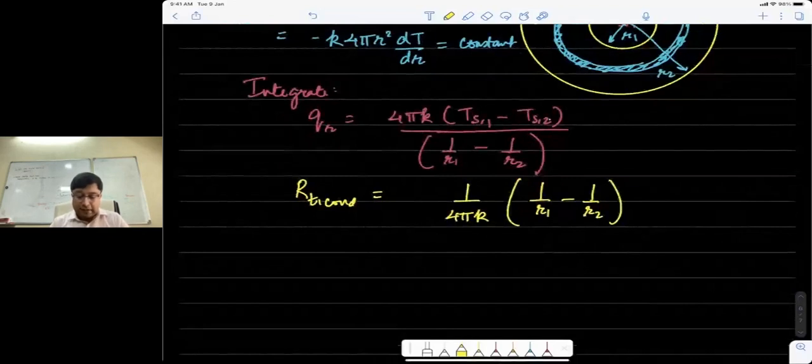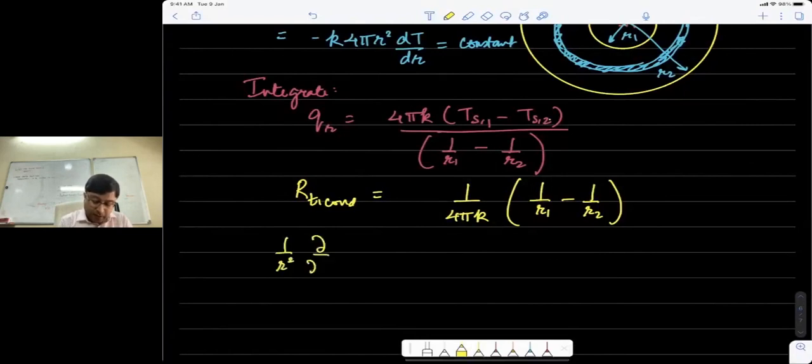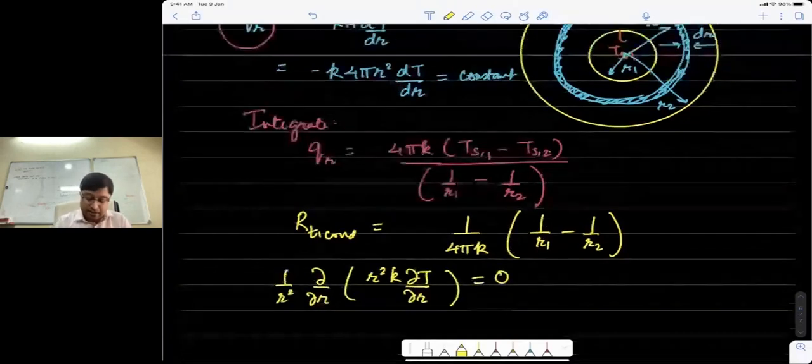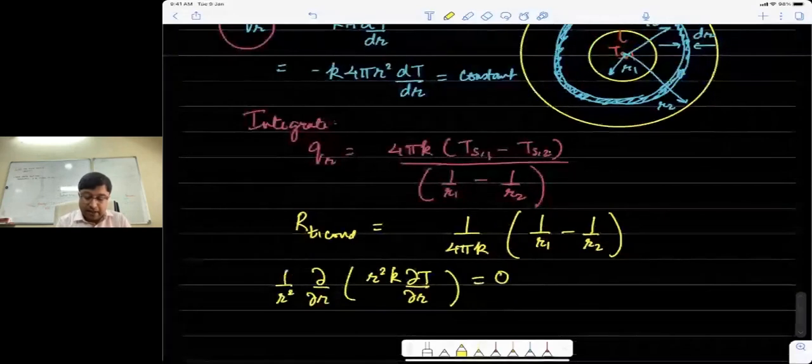We could have got the same thing using the more rigorous approach, which is using the differential equation. If you recall, in the differential equation, we would have 1/r² d/dr of (r² K dT/dr) is 0. And so if K is constant, we essentially have d/dr of (r² dT/dr) equal to 0, which basically comes out to this equation only. It's the same thing.